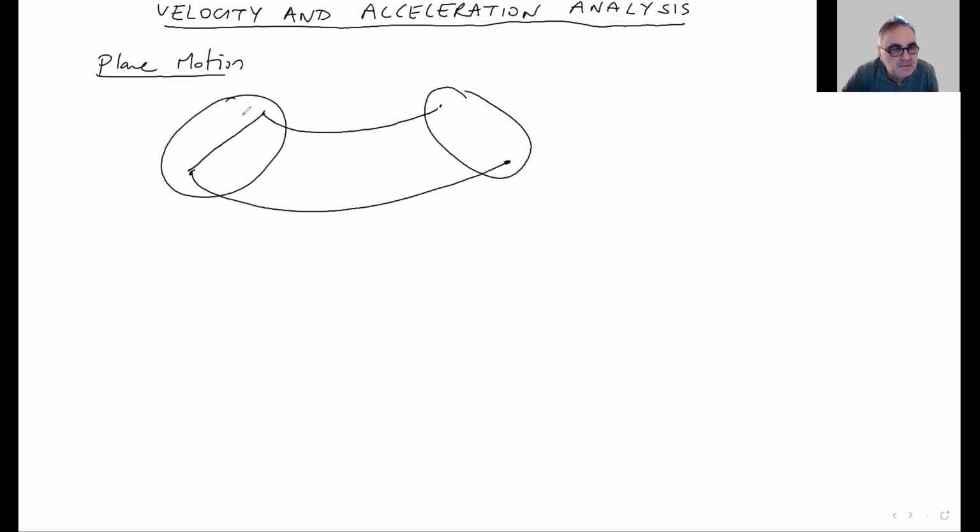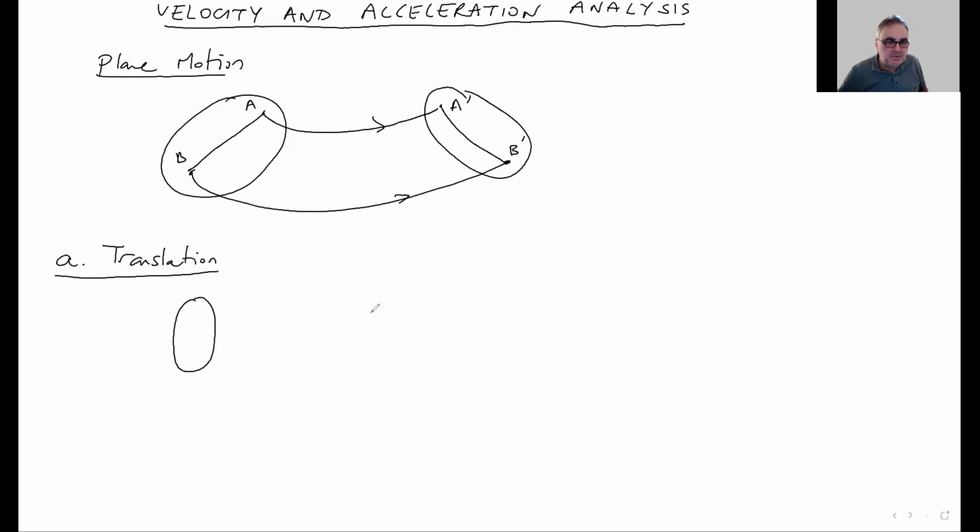So a line here, AB, in this object comes to A prime, B prime, taking the following path, okay? Now, what are the modes of the plane motion? One mode, as you might remember, is the translation, in which the straight lines remain straight.